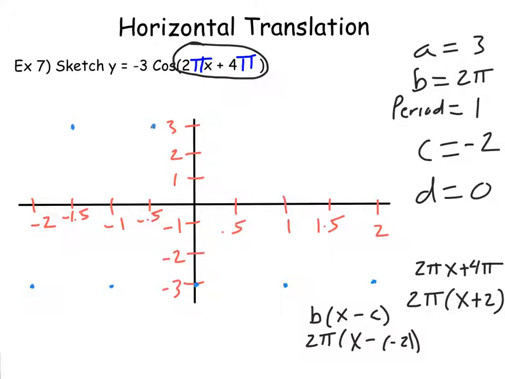Same at negative 1/2, positive 1/2, and positive 1.5. Okay? And that's all the more detail I'm going to put. It's plenty to get a good sketch here. We're headed up, we hit our max, and we're back down at negative 1. There's 1 period of the graph.